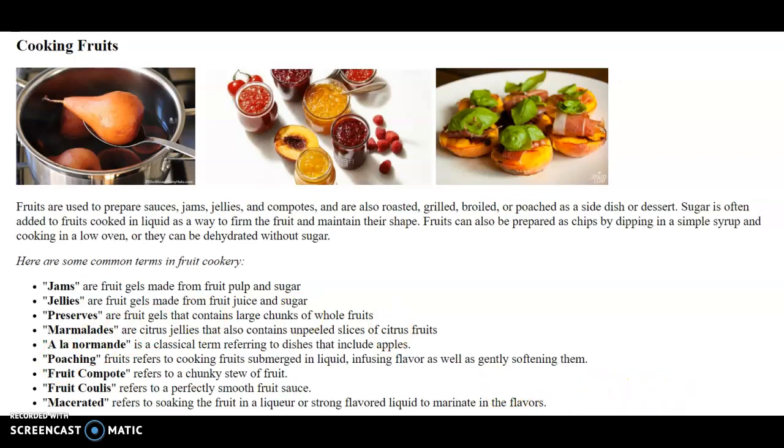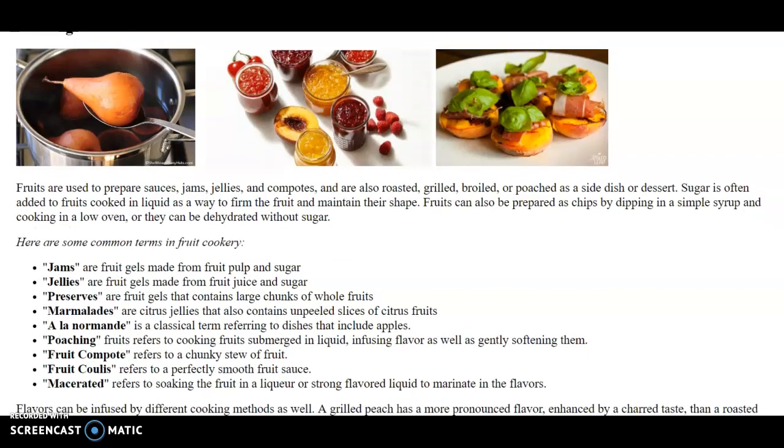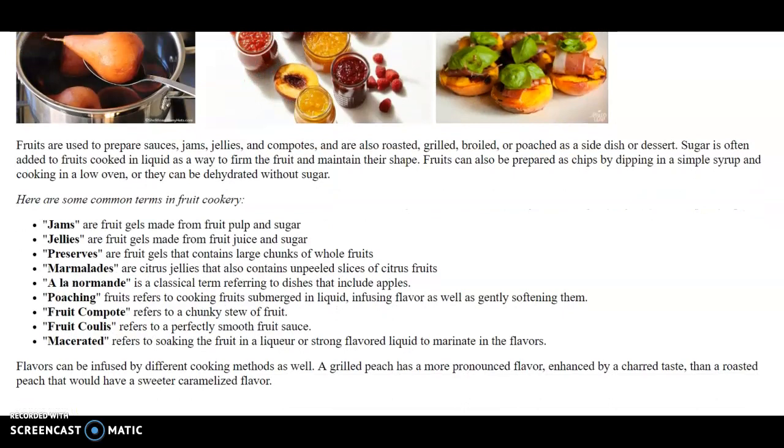Poaching fruit specifically, infusing the flavor as well as softening them, is a fruit compote, a fruit coulis, and then macerated, which basically refers to soaking the fruit in some type of liqueur or strong flavored liquid to really marinate those flavors together. You don't need to incorporate flavors in there with other ingredients. It can be the way that you cook something.